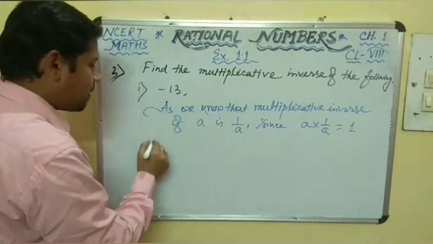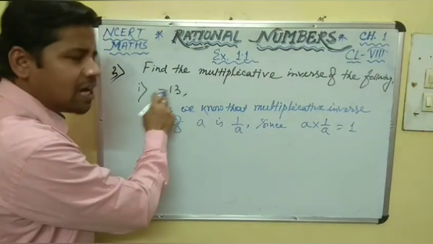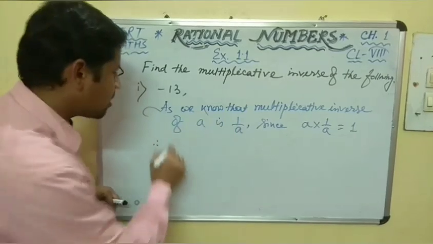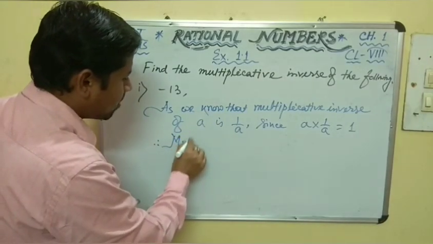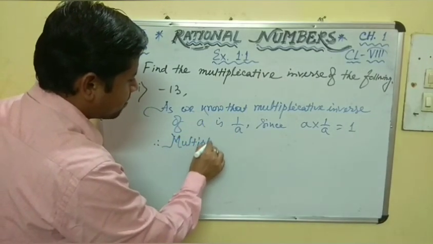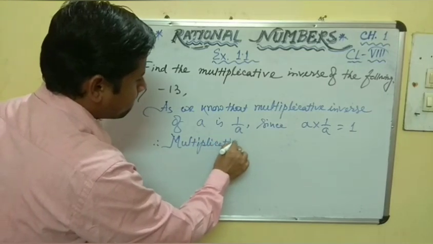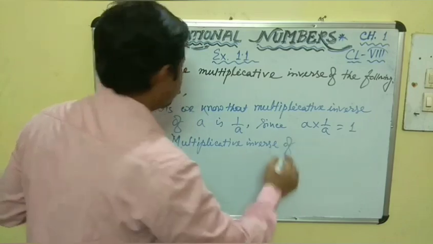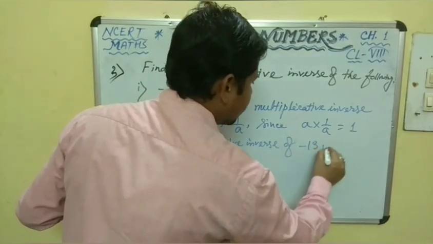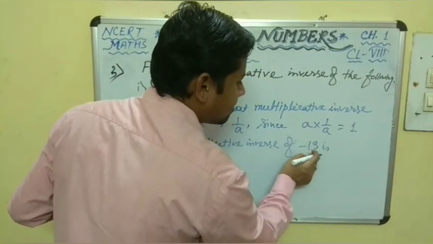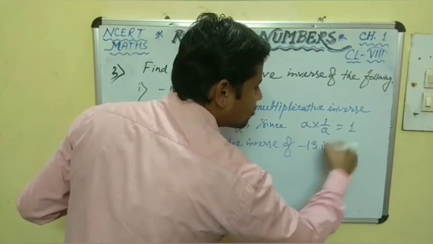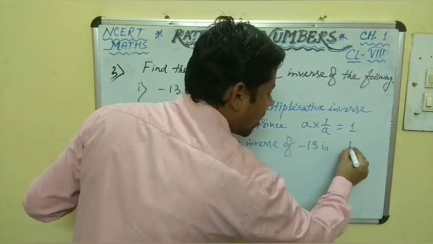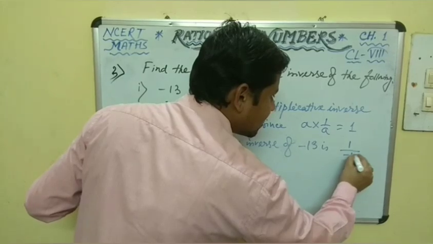Similarly, therefore, the multiplicative inverse of minus 13, that is minus 13 by 1, is 1 by minus 13.